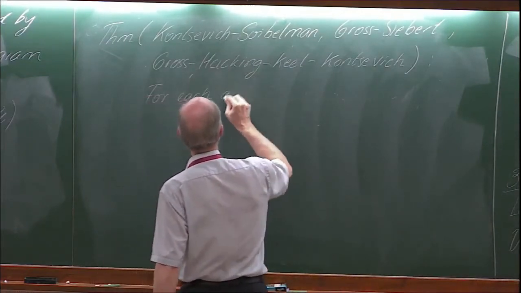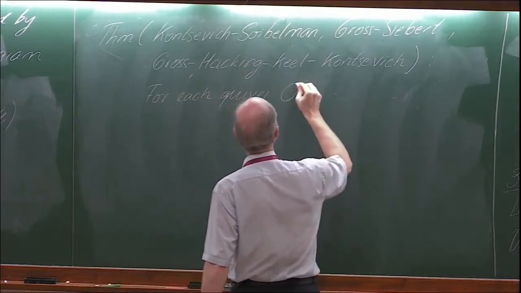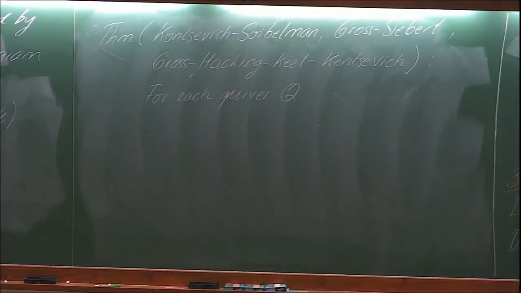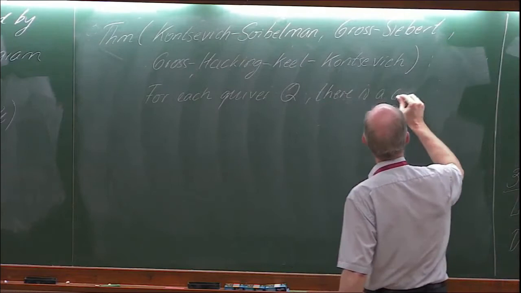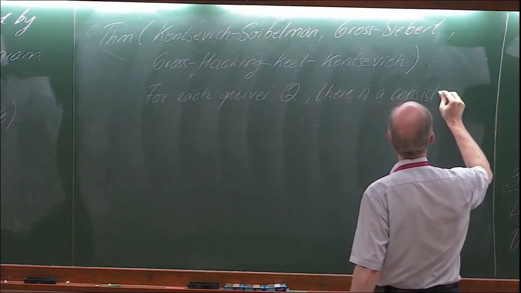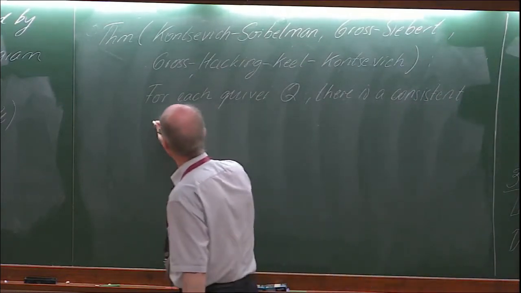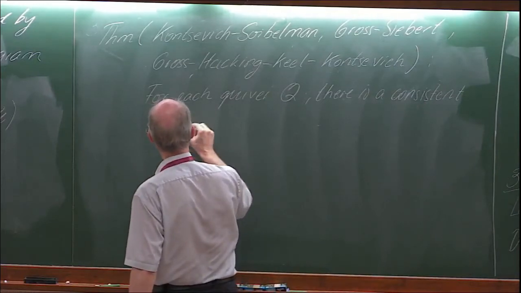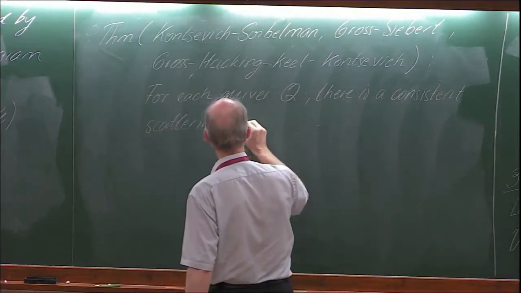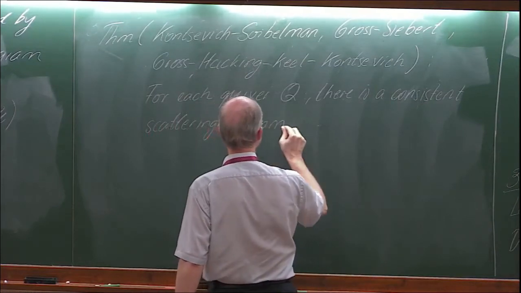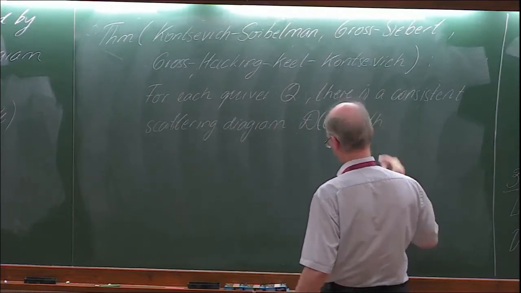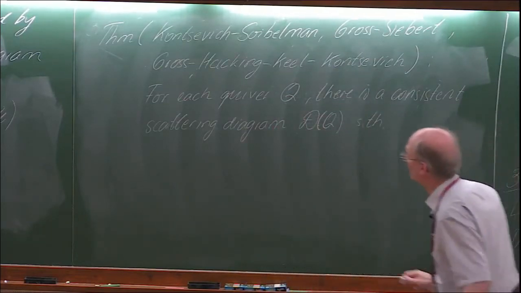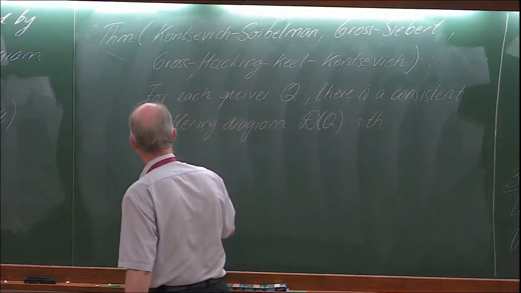Each quiver Q, always finite without loops and two cycles. There is a consistent scattering diagram D associated with Q, such that we have the coordinate hyperplanes as walls.